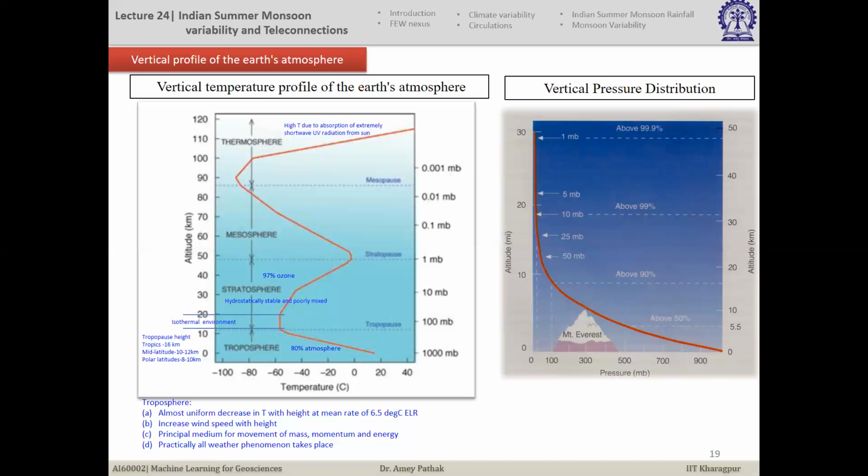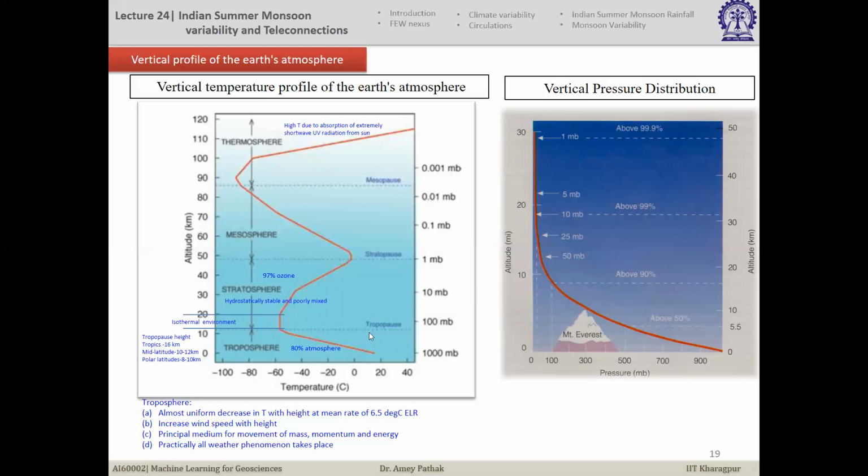The lowermost is the troposphere, at a height of up to around 16 kilometers over the tropics, and 8 kilometers over the polar regions.